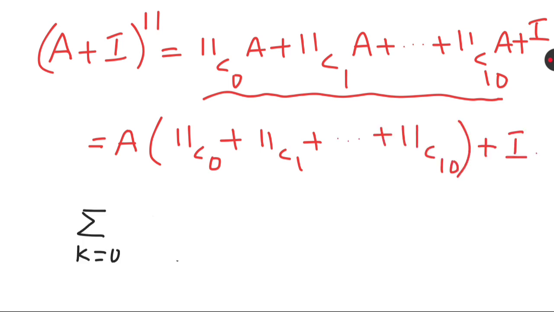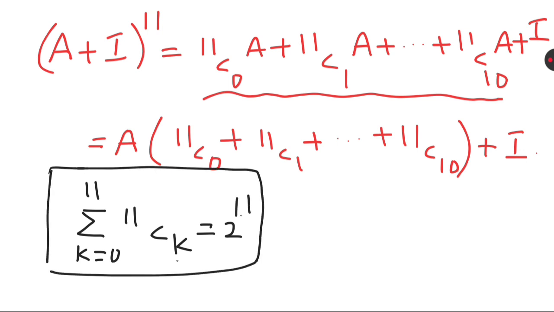If we have the summation k equal to 0 to n of nck, the formula is 2 raised to the power of n. So here n is 11, and we take 11ck, so we can write this as 2 raised to the power of 11. But this summation formula is for 0 to 11, whereas in our expression we take only up to 10. The 11th term we got as only the identity matrix I, so we have to subtract the 11th term here.